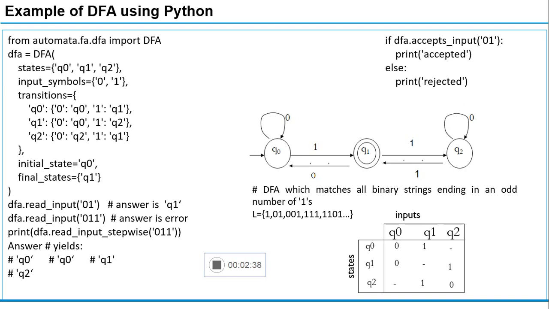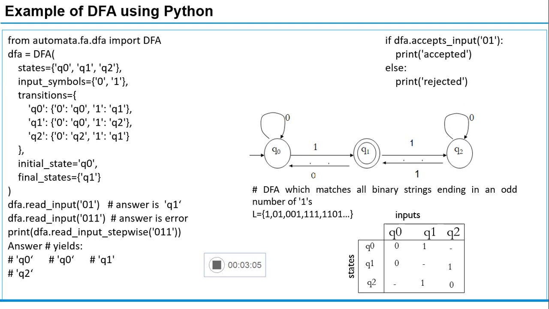Then we want to see how the stepwise input transition goes. In that case, we have to mention the transition. We are going to take something which is not accepted, but it will also tell you what the transitions are. So 0 1 1 is not going to move on to an accepting state, but you can see how it has traveled.